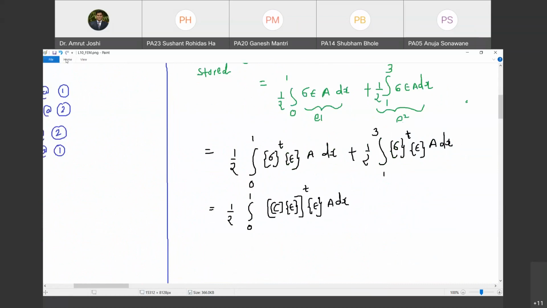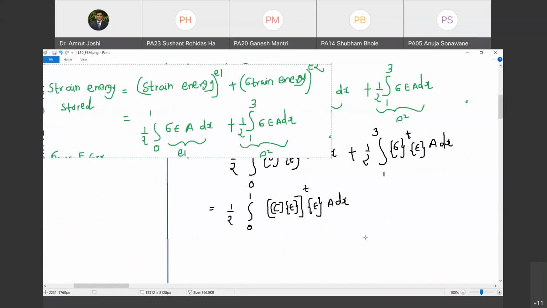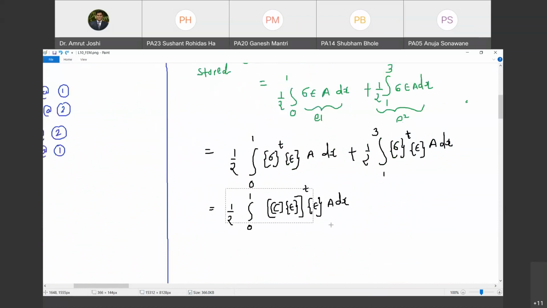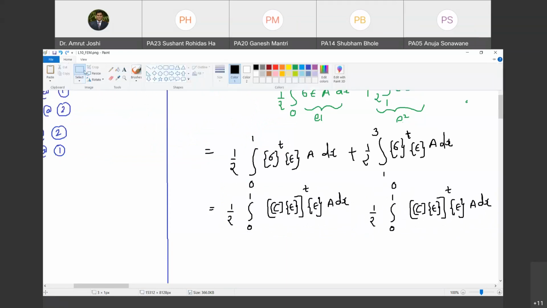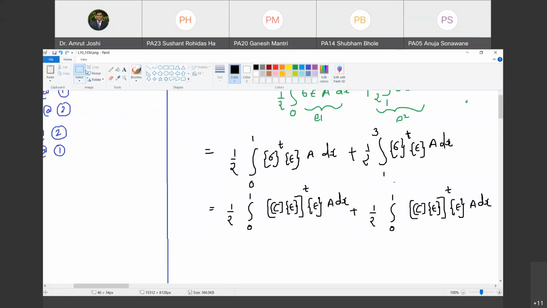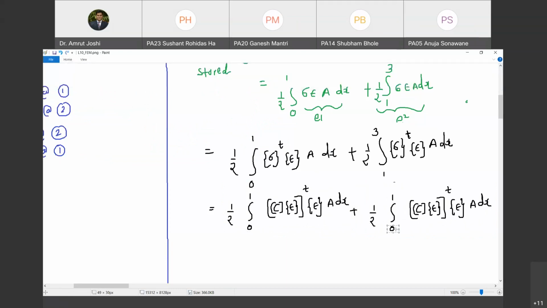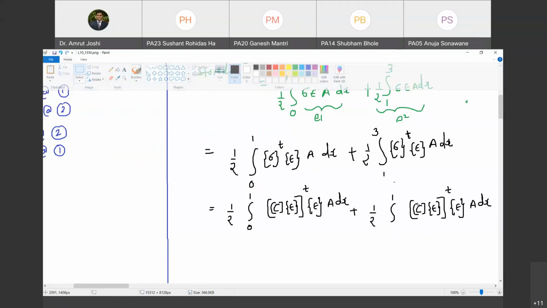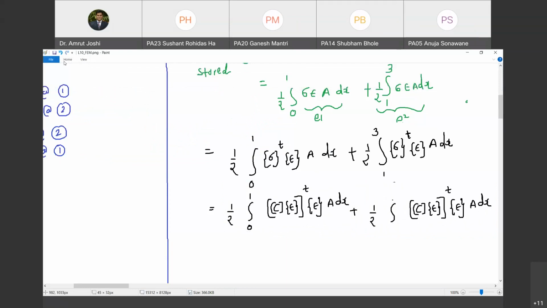The same thing is valid for element number 2 only with the change of limits. So I'm going to copy this, plus, the limits are going to change and limits are going to be from 1 to 3.